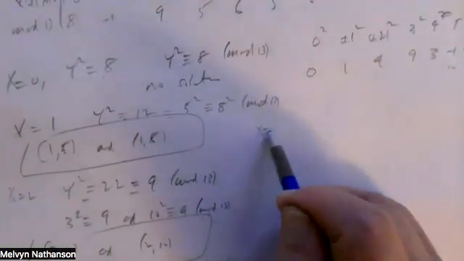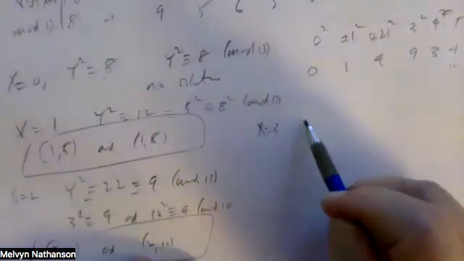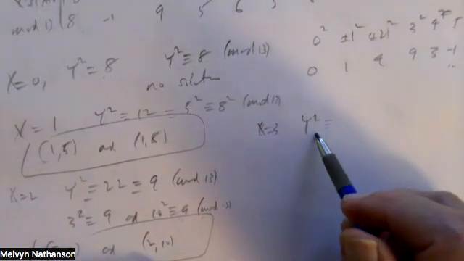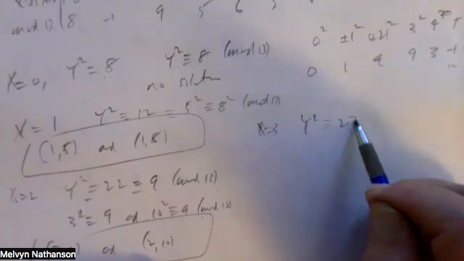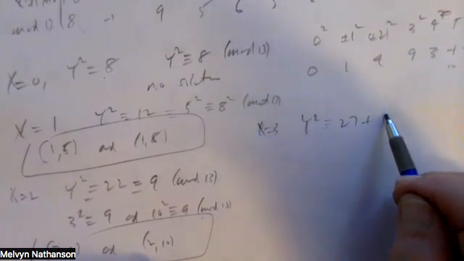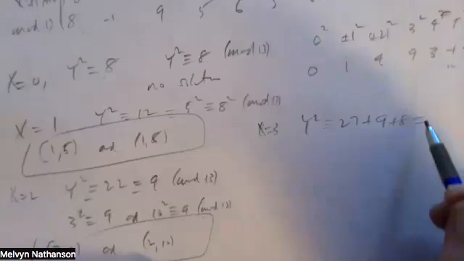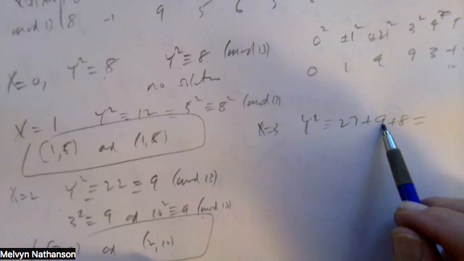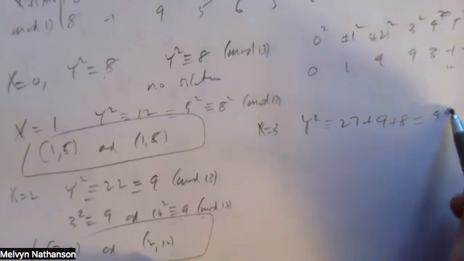What about when x equals 3? When x is equal to 3, y squared has to be equal to, mod 13, 3 cubed plus 3 times 3, 9 plus 8, which is 27, 36, 44.